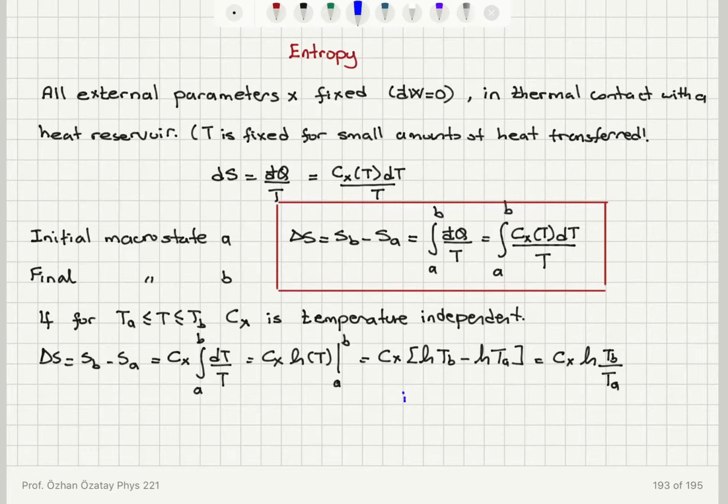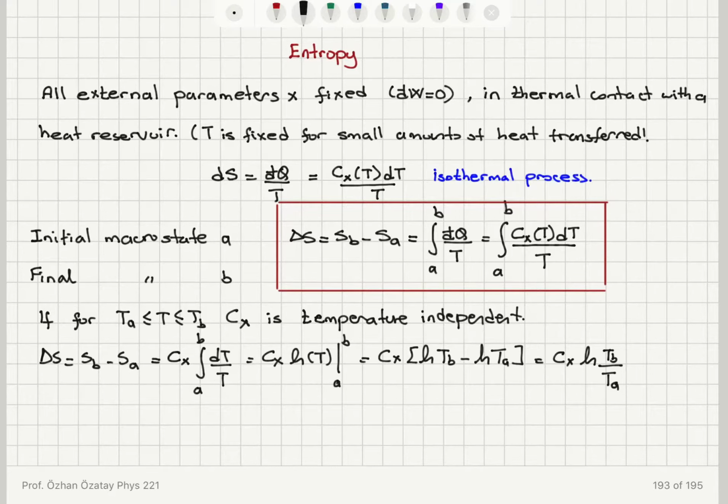So basically this type of process is called an isothermal process. The process where we have the system in contact with a heat reservoir and small amounts of heat is added at a constant temperature, this is an isothermal process.